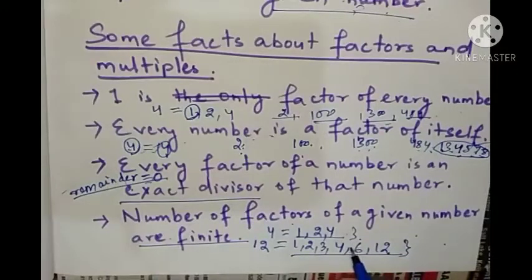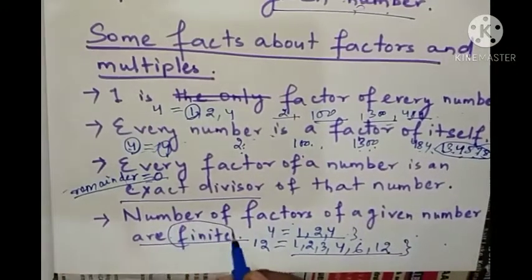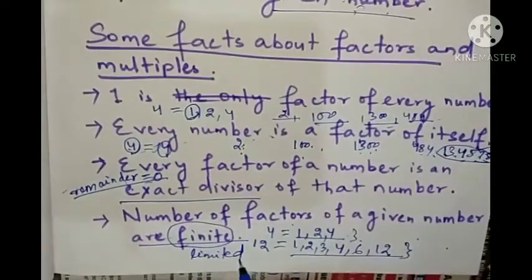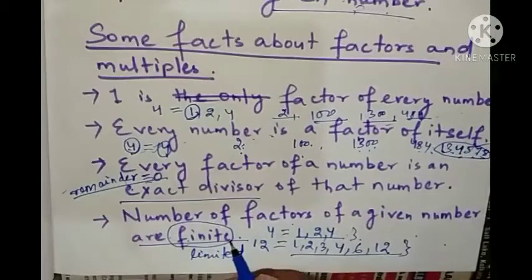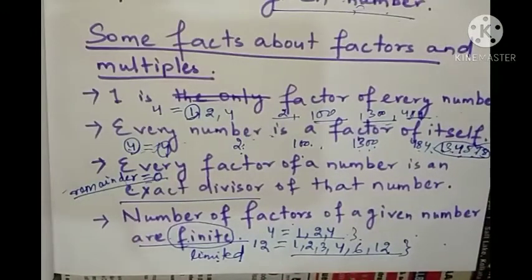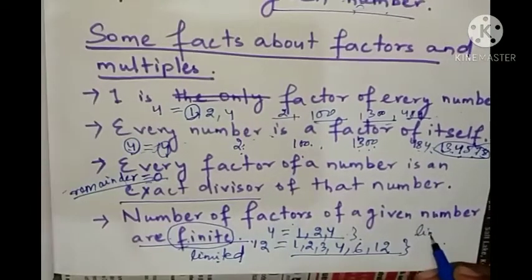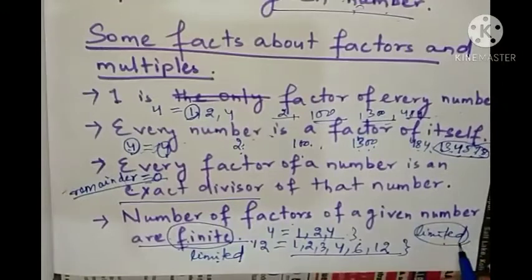That's why it is finite. Finite means what? Limited, not unlimited. So number of factors of a given number are finite. It is always a limited number.